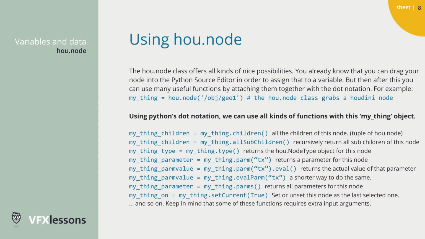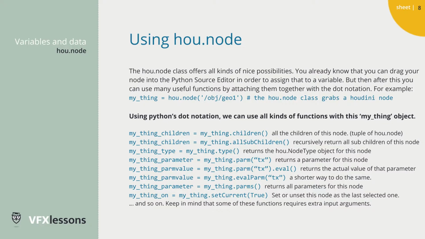Sometimes you want to dynamically figure that out in the code. We can say myThing.parm and then insert a parameter name. This will return the object. We can then say parm, then tx.eval to return the actual value of that parameter. We can say myThing.evalParm with tx, which is just a shorter way to do the same.